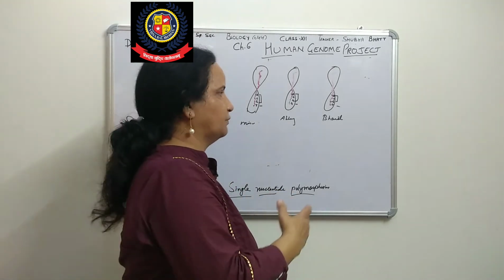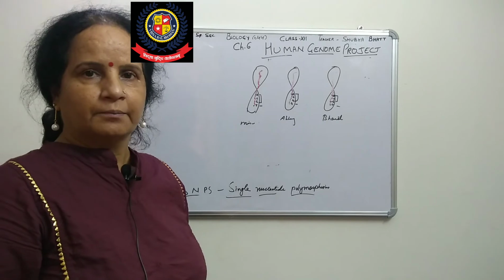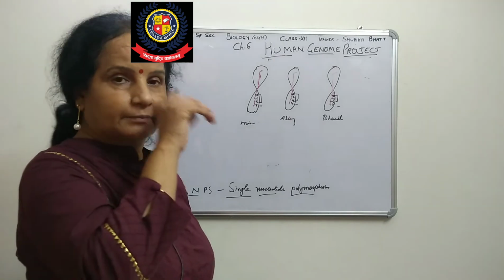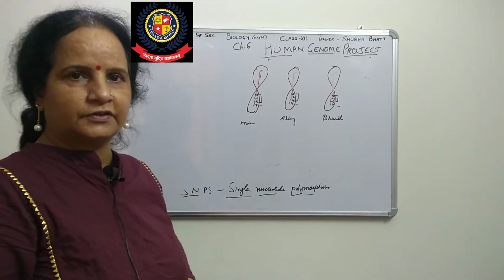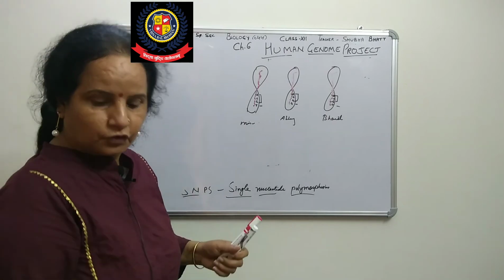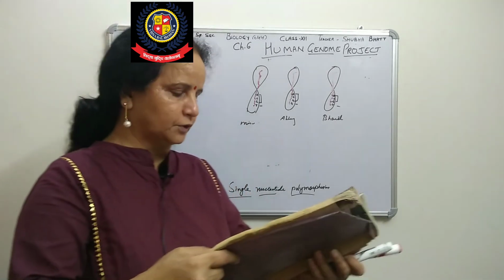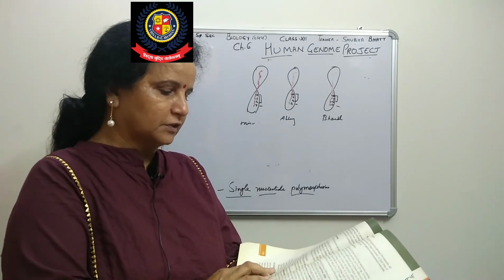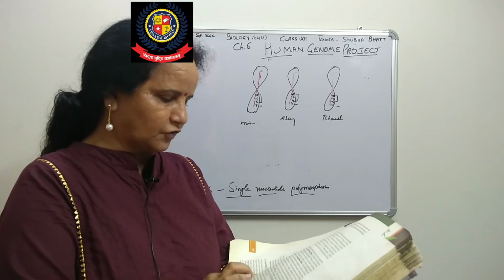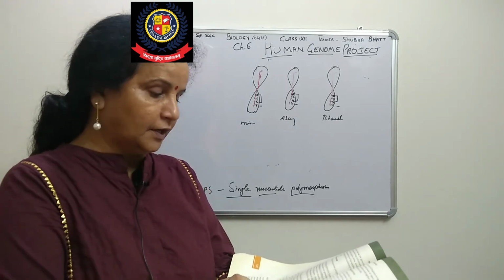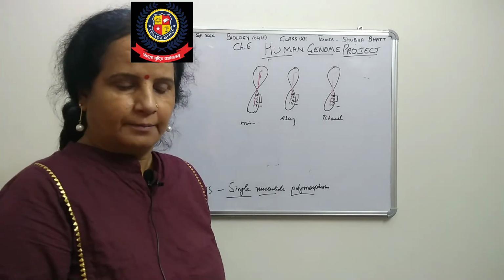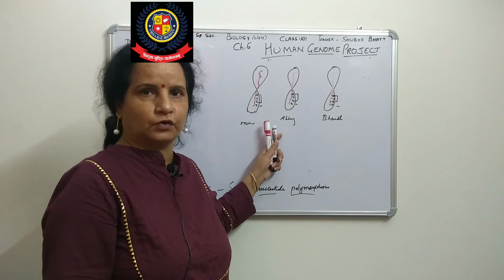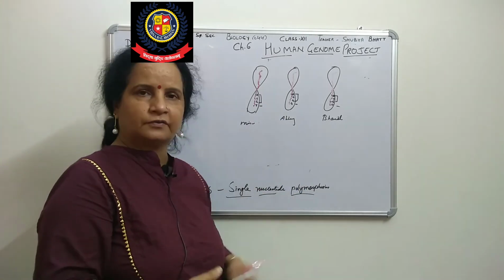Using this, sometimes we use it for evolution, sometimes for finding defects, sometimes for diagnosis or treatment of disease. Now this is the last point, which is very important: this information promised to revolutionize the process of finding chromosomal locations for disease-associated sequences and tracing human history. It means we can find the disease disorders, and once we know the region, we can find the treatment also.